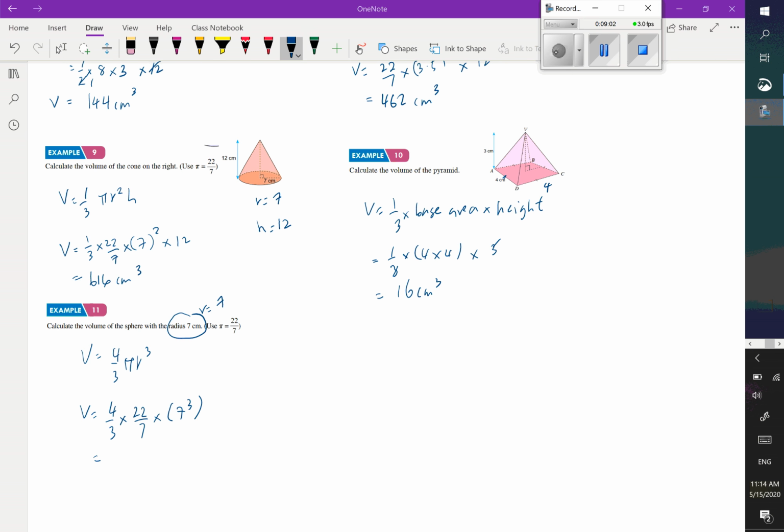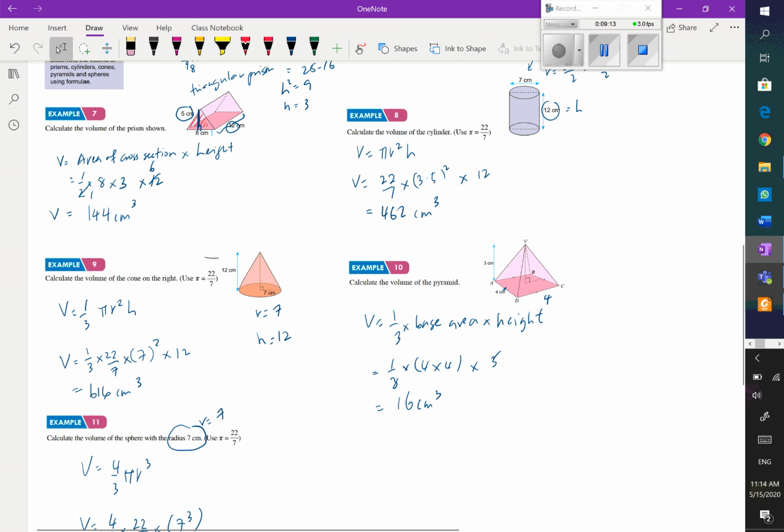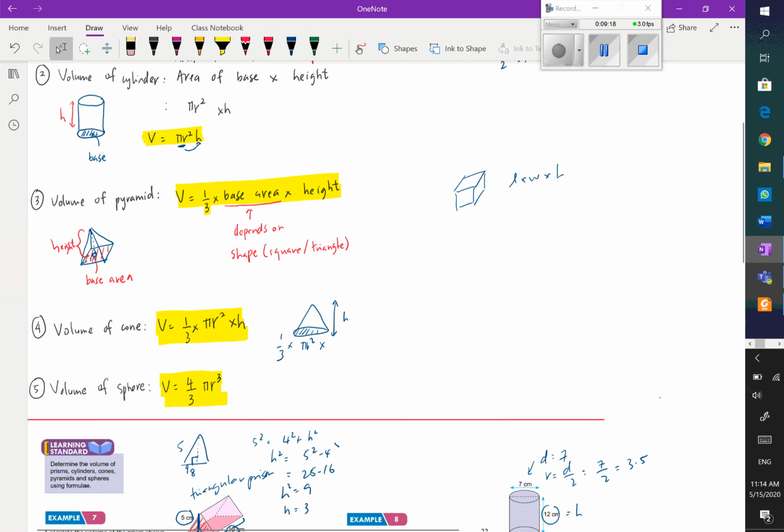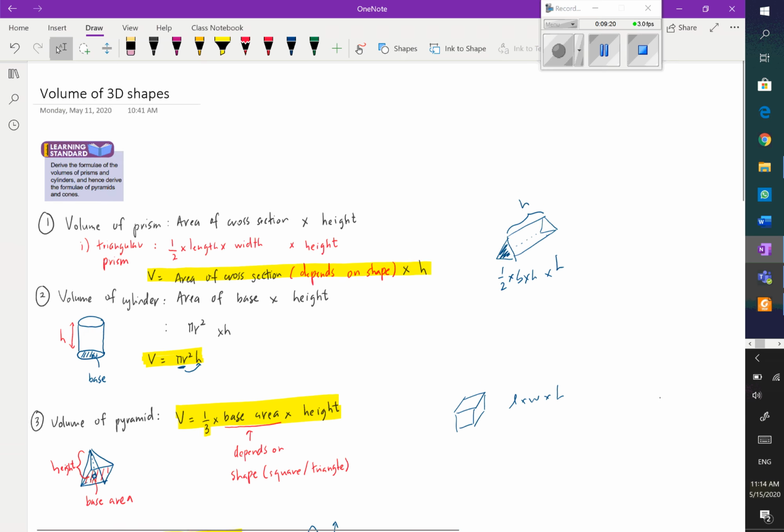Kita dapat 1437.33 cm cube. At least ambil 2 decimal places for your final answer. Alright, so ini adalah contoh untuk volume of your 3D shapes.